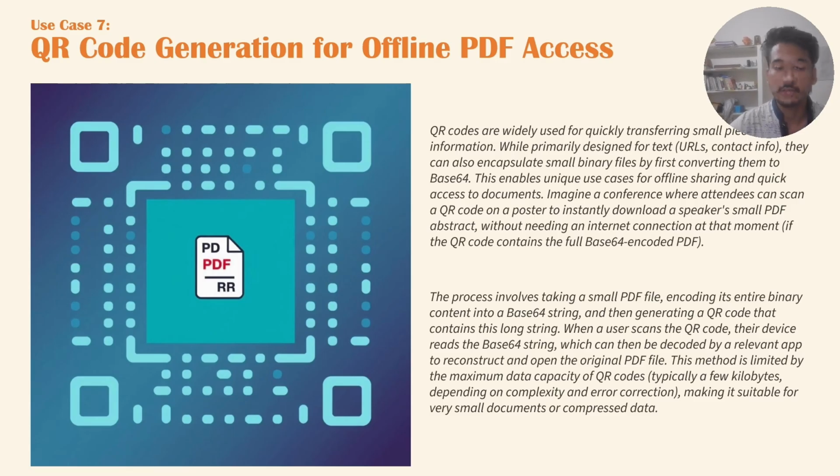Behind the scenes, the PDF is first converted to Base64, then packed into the QR code. When scanned, your device decodes the string and opens the document directly. Of course, QR codes have size limits, so this works best for tiny PDFs or compressed files, but it's a brilliant way to share content in places where connectivity is spotty or non-existent.